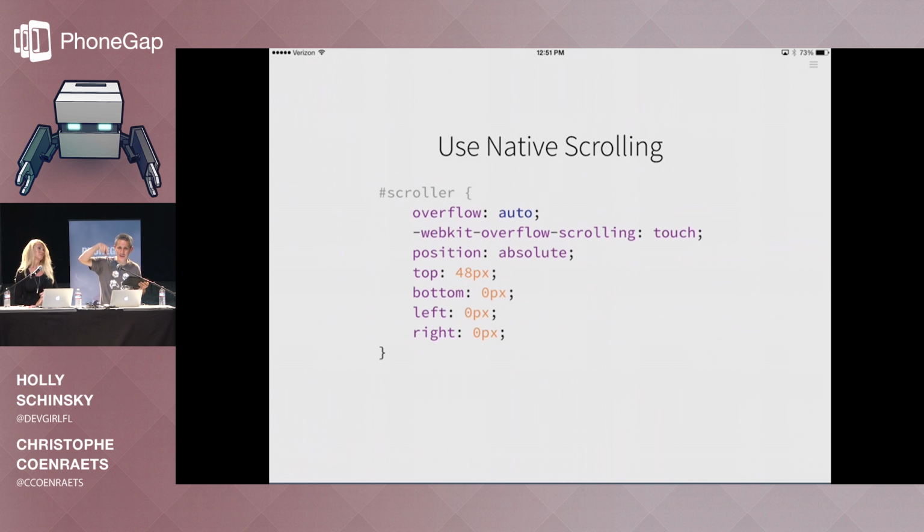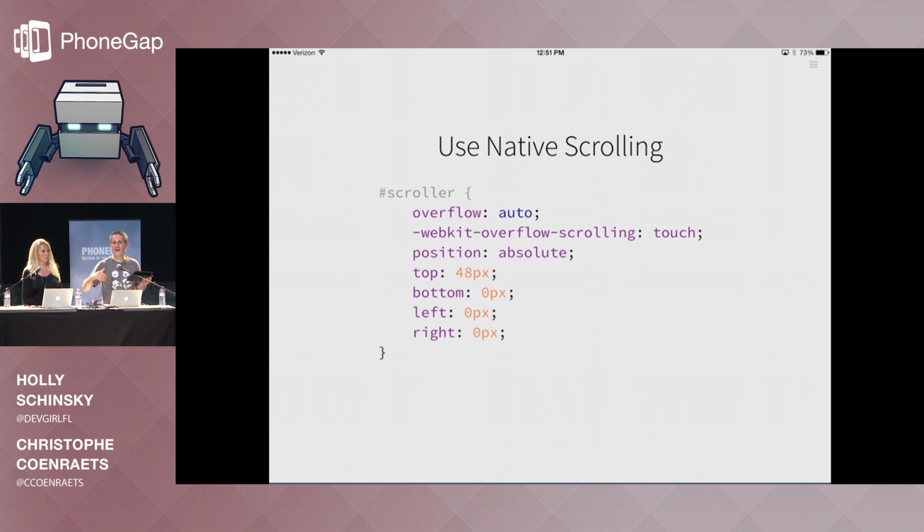If you had a list that you had to scroll, there was a library at the time that was super popular called iScroll. What iScroll did is scroll your view in JavaScript. That was really nice because that was the only way to do it, and it was optimized the best it could be in JavaScript.